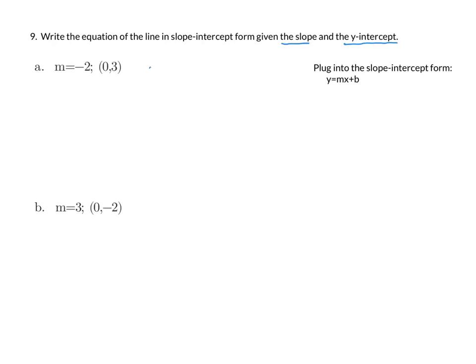So we're even told m equals negative 2. So I'm going to replace m with negative 2. And b is my y-coordinate of the y-intercept, so we get negative 2x plus 3. And you're done. Don't do any more.